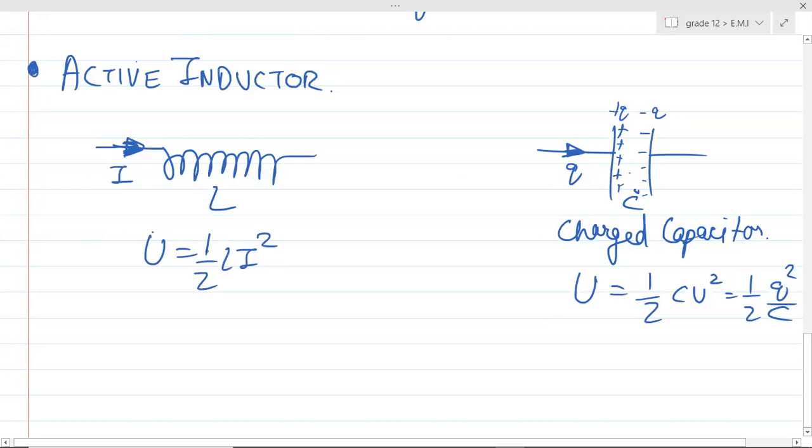We'll derive this, don't worry. So this energy now, just like the charged capacitor, when it was connected to a resistor, it was flowing current through it, right? The same thing, even this active inductor behaves as that.